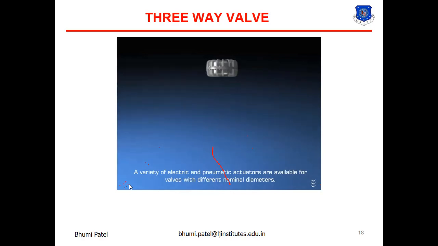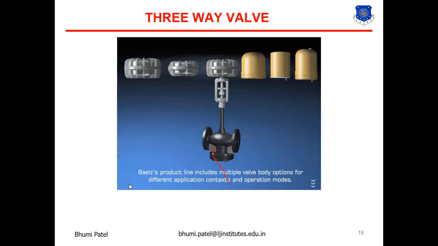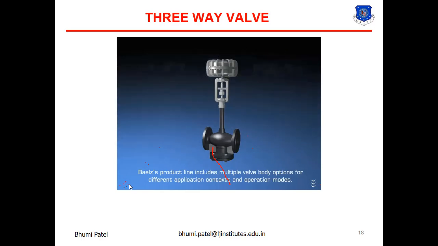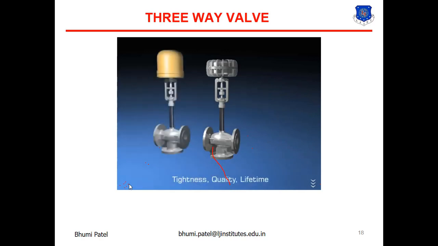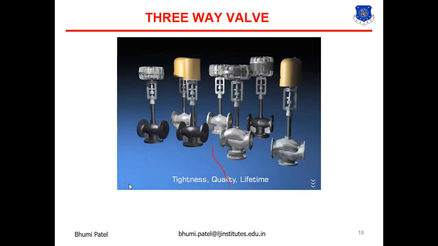Depending upon the application, we can use different types of actuator in the control valve. So it depends on the application of the system. Here it is used for tightness, quality and lifeline of the particular system.